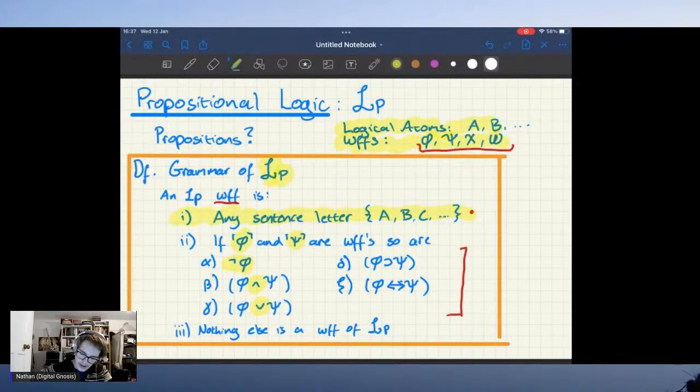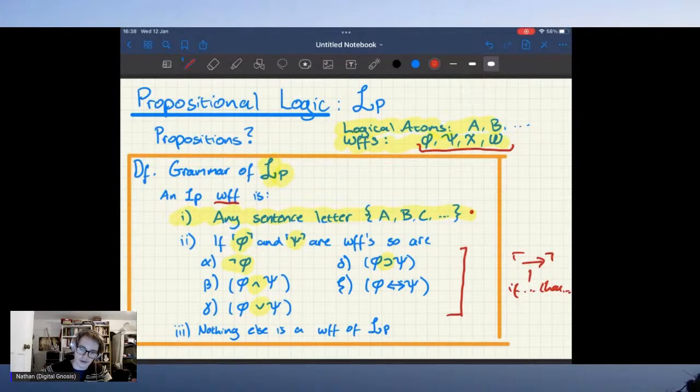That symbol there is or, so we've got phi or psi. That symbol there is our material implication. There's a reason you might have seen that symbol as that elsewhere. We'll talk about this at some point in the course, but this symbol is generally used to translate natural language if then.